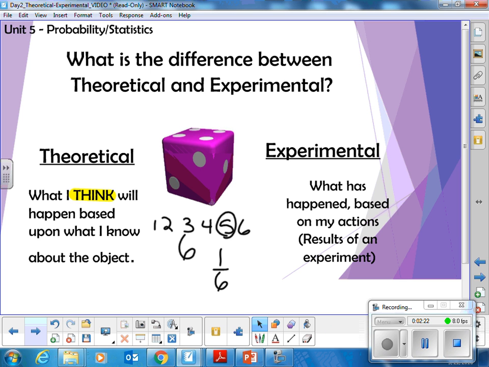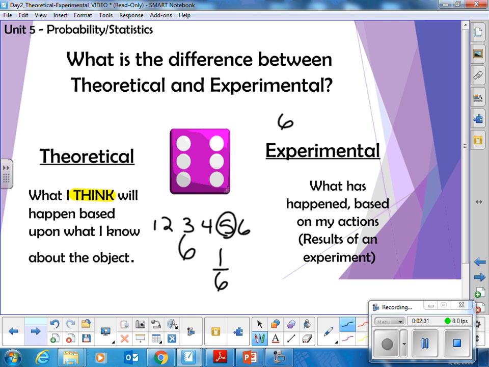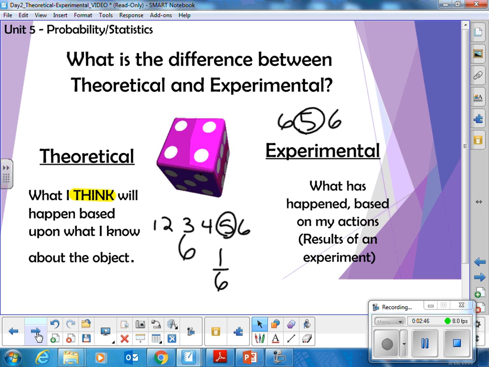But if we do an experiment where we actually roll the dice, I got a 6. I got a 5, so I got one of them. I got a 6. I got a 3.